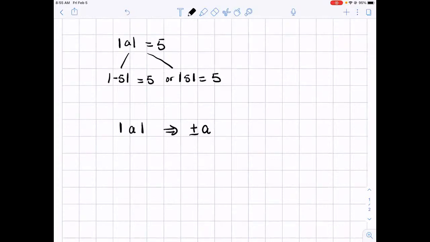Now, with that being said, you can think about your absolute value inequalities.